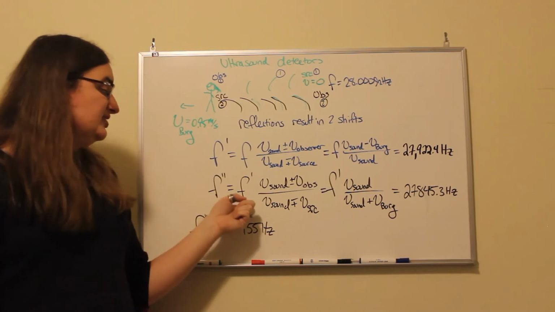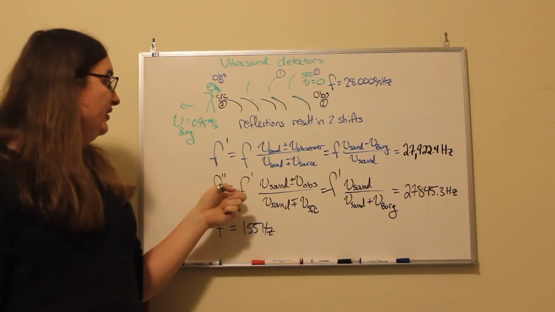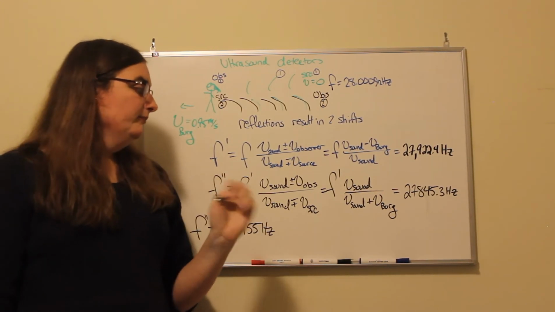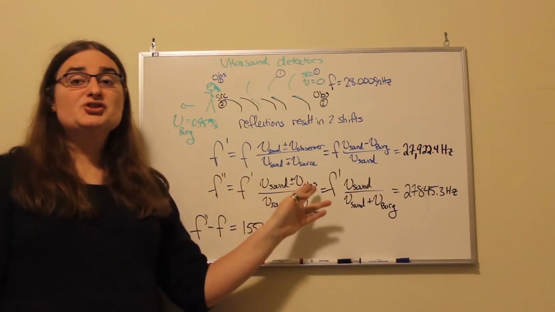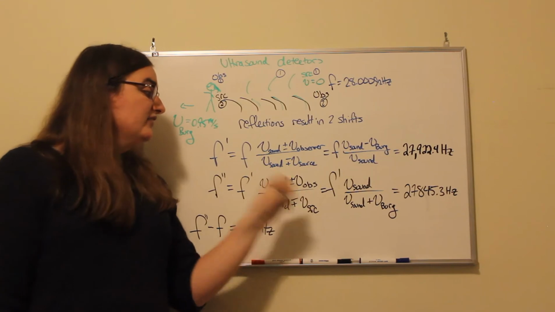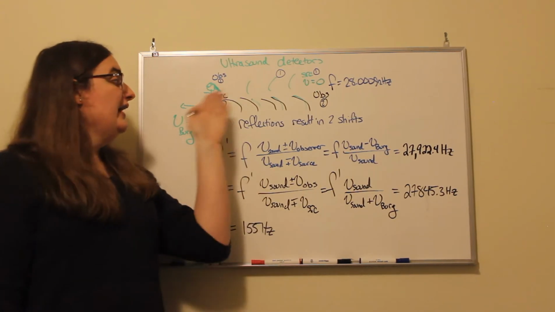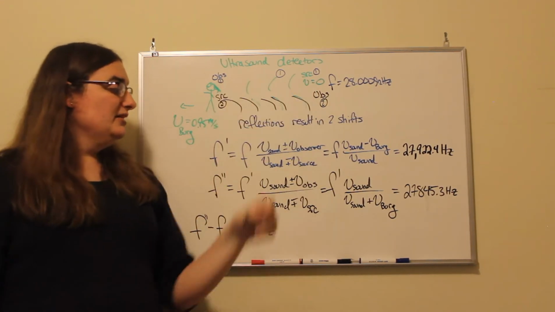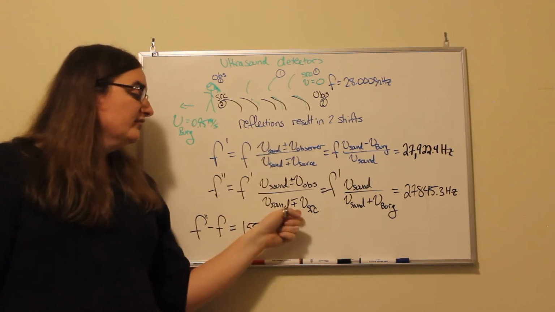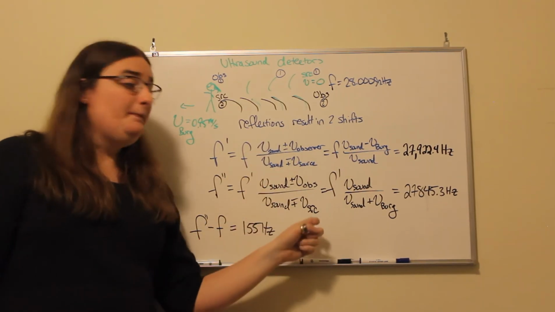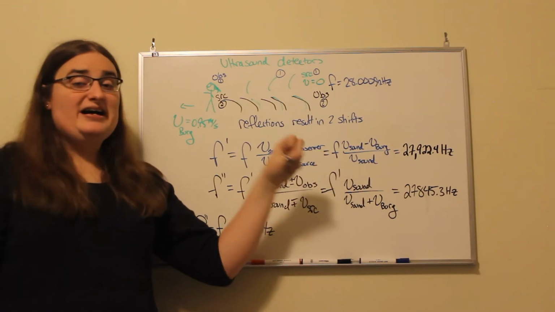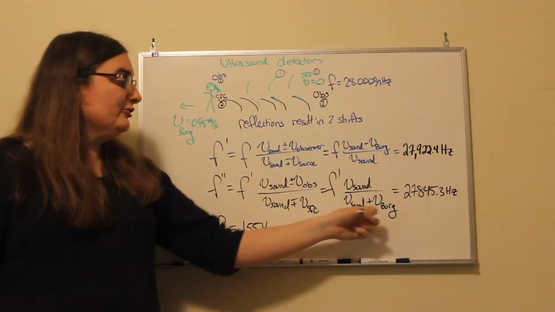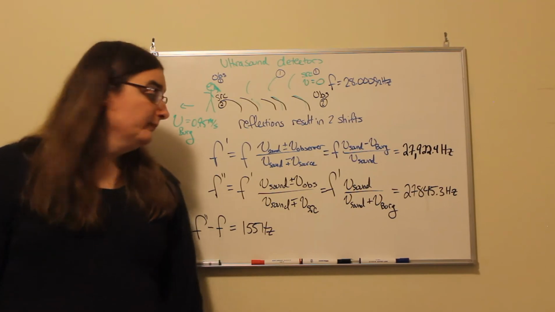Now, the alarm would hear a doubly shifted frequency. So that frequency would be the frequency that reflects off the burglar. Again, we would use the same parameters, however, this time the observer is stationary and the source is what's moving. And the source is moving away from the observer. So since the relative motion's away, we use the bottom sign, so that means we would have the speed of sound divided by the speed of sound plus the speed of the burglar.